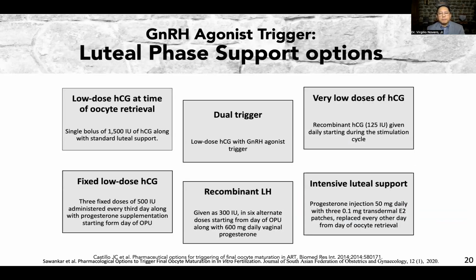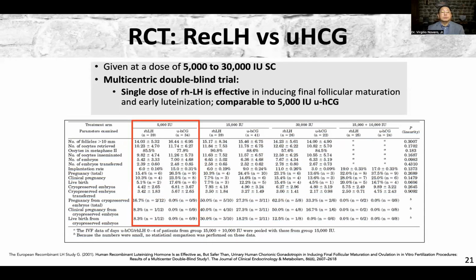So there have been a few options given to try to overcome this problem. These are the options: low-dose HCG at the time of oocyte retrieval, using a dual trigger protocol, very low doses of HCG, fixed low-dose HCG, recombinant LH in addition to the GnRH agonist, and also intensive luteal support using progesterones.